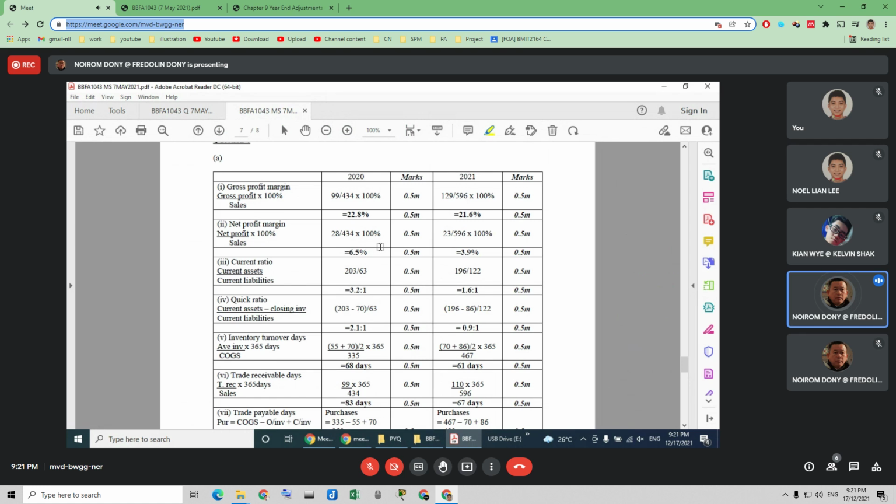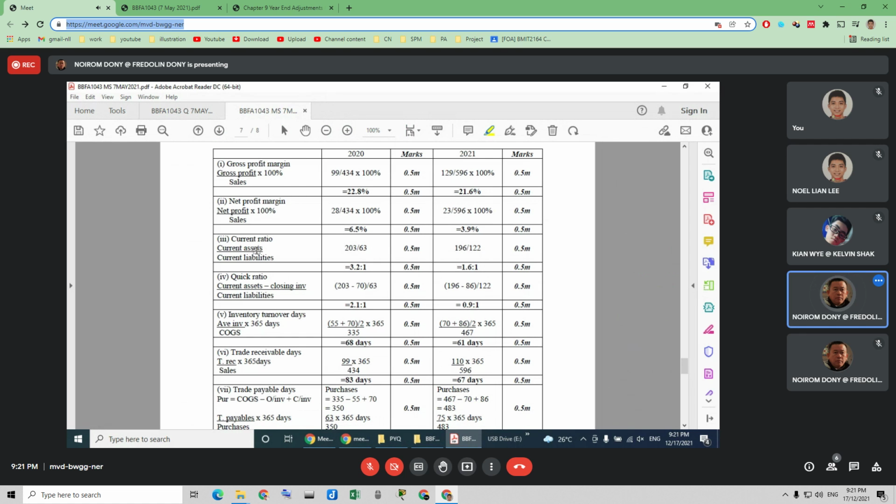And then the next one requested by the question, current ratio. So take the current asset and look at this. For the current ratio in 2020 is 3.2 to 1. So for 1 ringgit of current liability, they have 3.2 of asset.